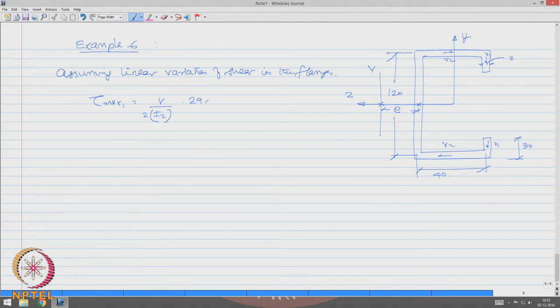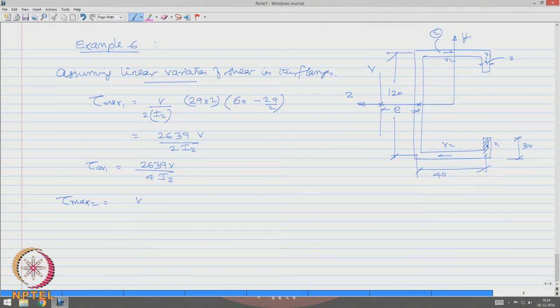So, 29 into 2 is the area of this piece, no, this one. The distance could be 60 minus 29 by 2, which gives me 2639 V by 2 I z. Therefore, tau average will be half of this, 2639 V by 4 I z, because we have assumed a linear variation.